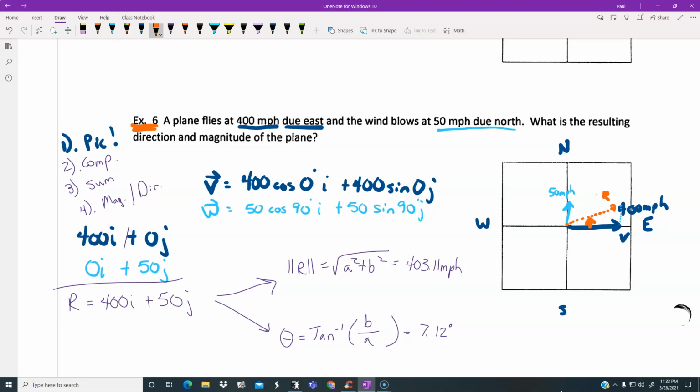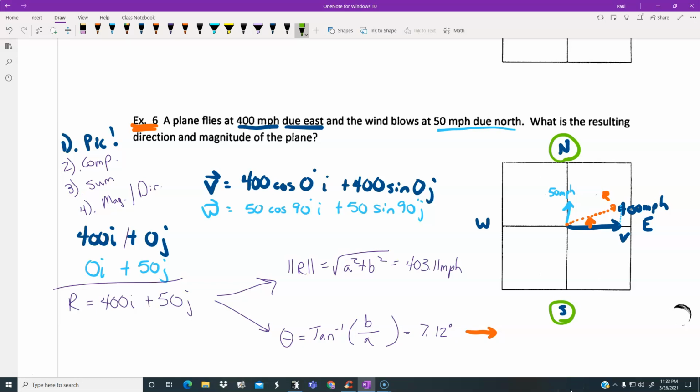Now, this gives me a good opportunity to talk about bearings, because if you were in an airplane, you would take your bearings based on a compass heading, and that compass heading would be based on a north and south compass reading, because the actual compass points in the north or the south, depending on the hemisphere you're in.